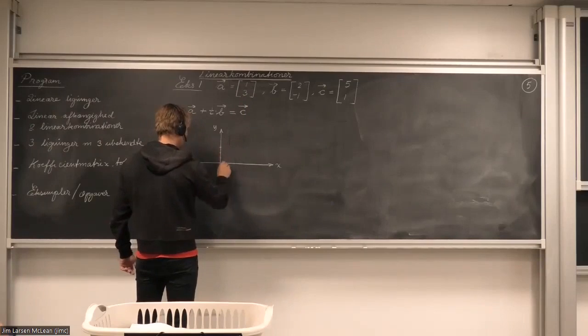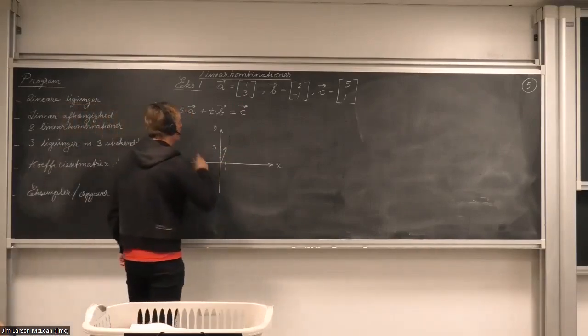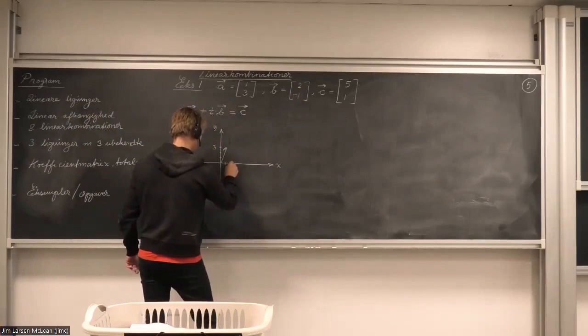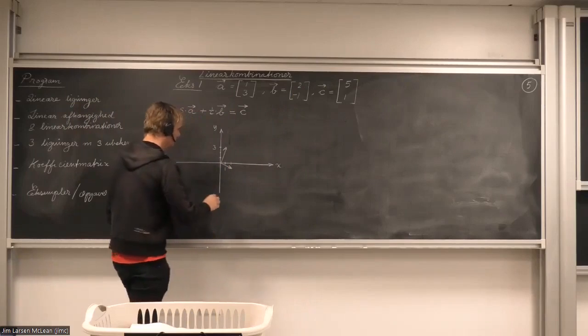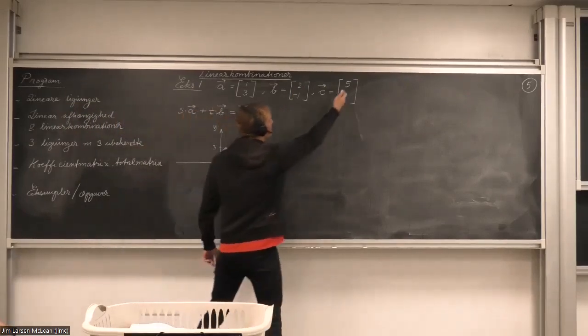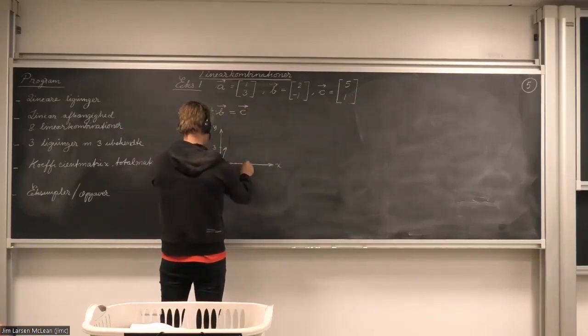So let's say it looks like this. And vector B is called (2, -1). So it goes 2 out and down 1. So it looks like this. That is vector B. And vector C goes 5 out and 1 up. So 2, 3, 4, 5 out and 1 up. So it's here.